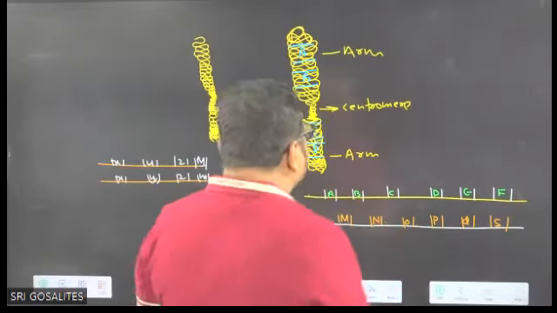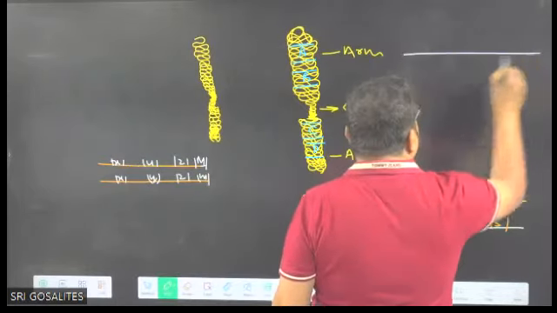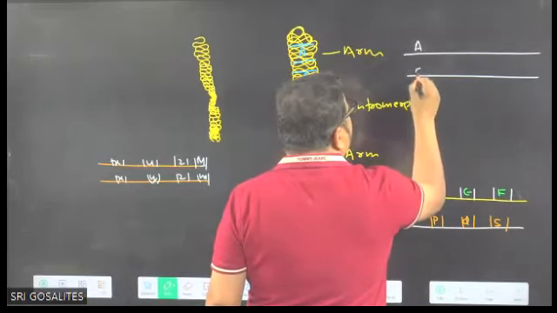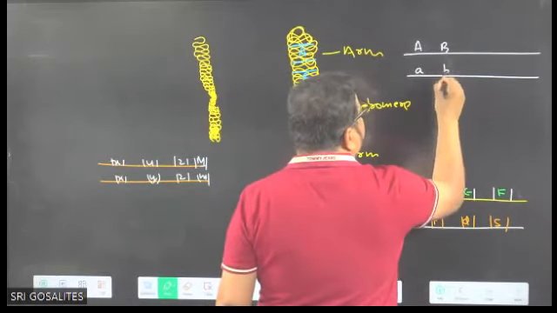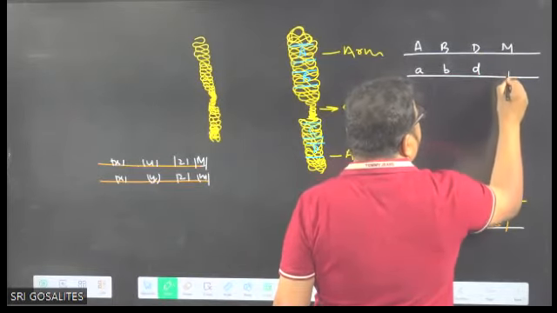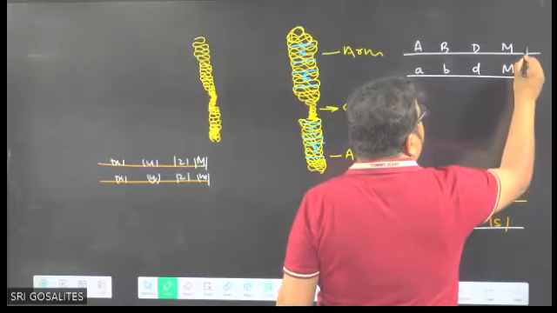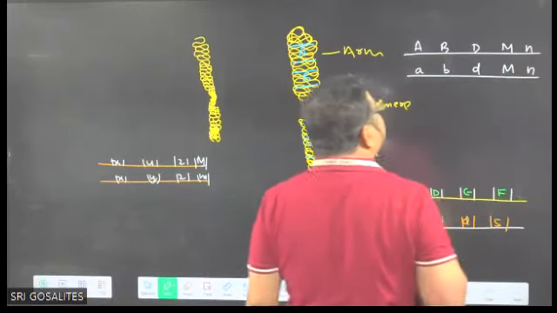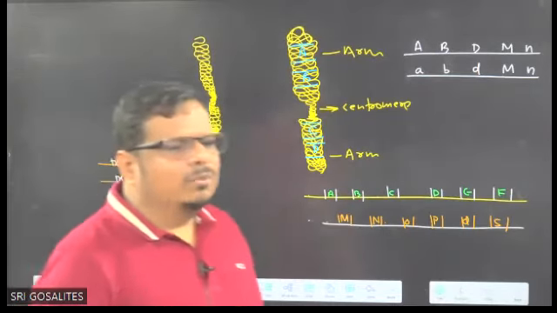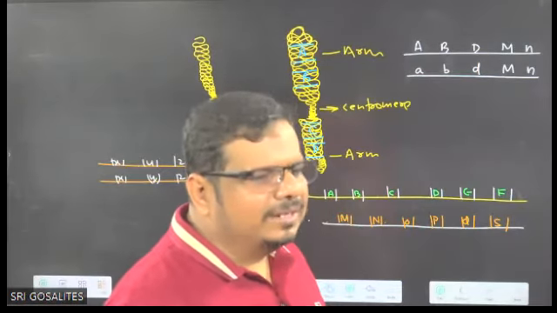Now I am asking another question. Here, capital A, small a, capital B, small b, capital D, small d, capital M, small n, small n. How many genes did I put on this chromosome? Count the genes, 5.